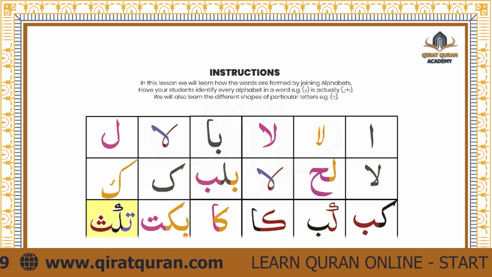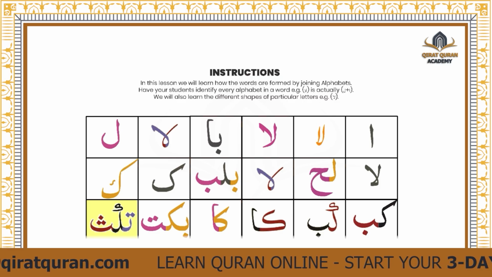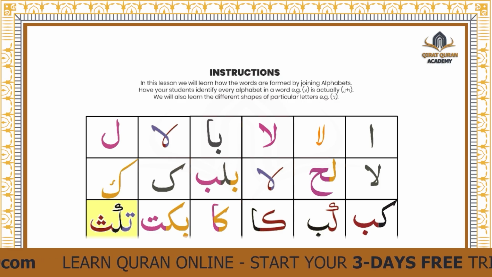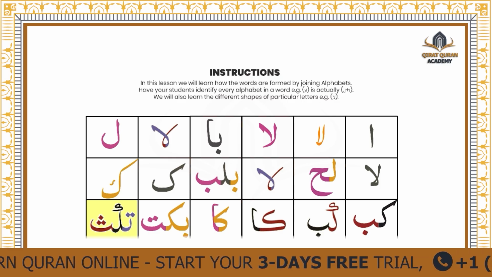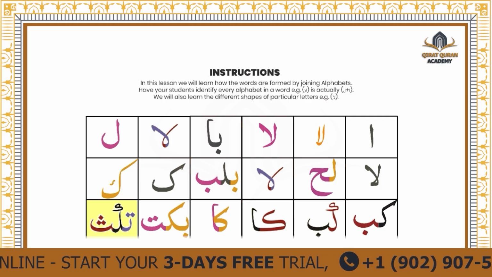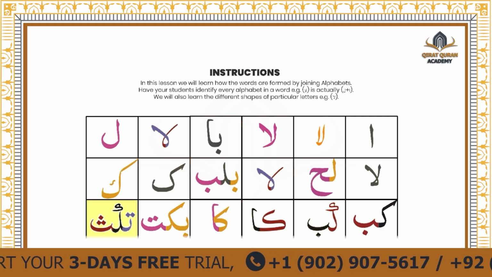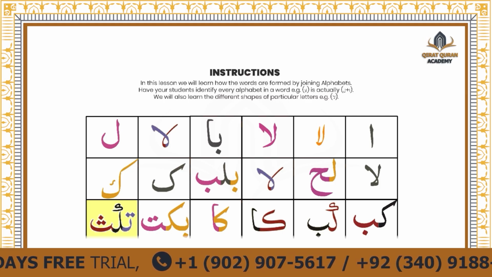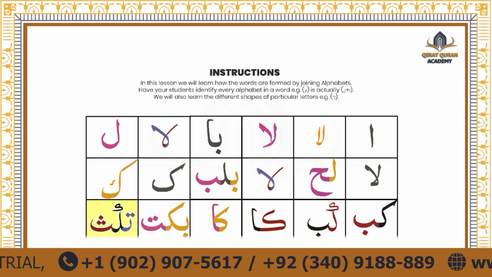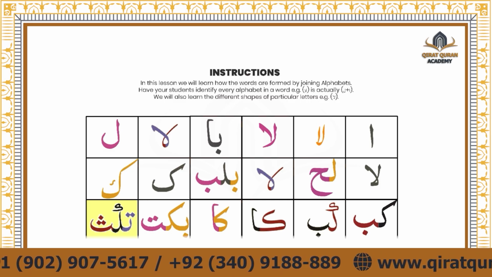There are also three letters. First one, which has two dots at the top, is ta. Then the second one, this sign tells us that this is kaf.